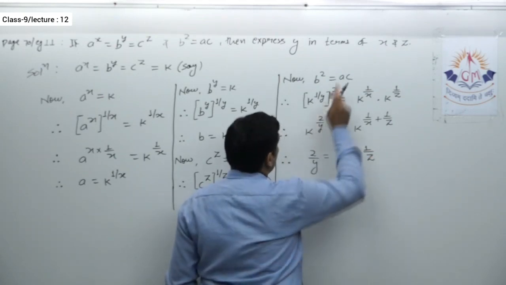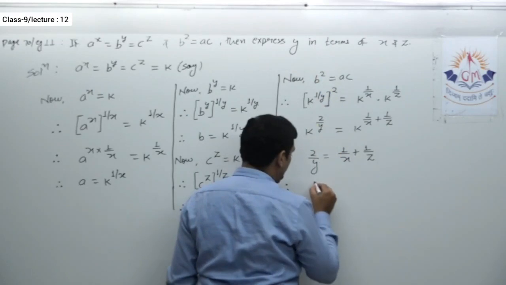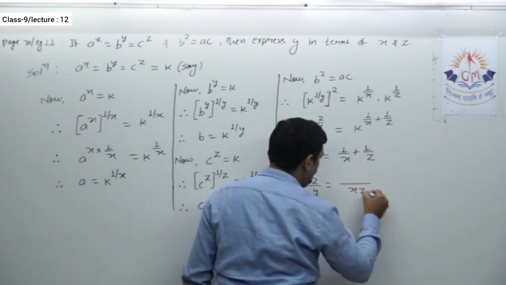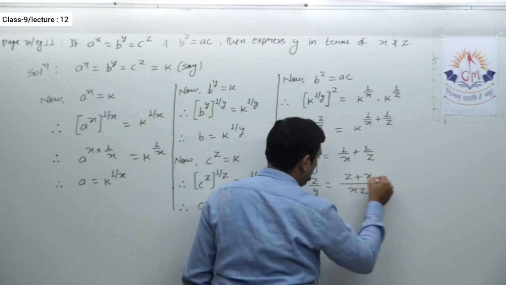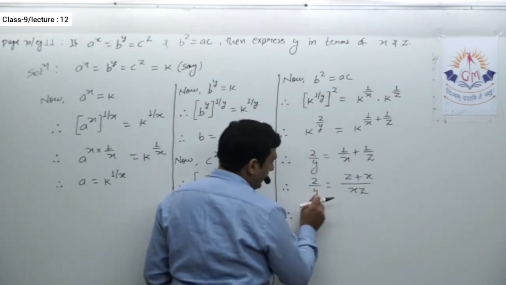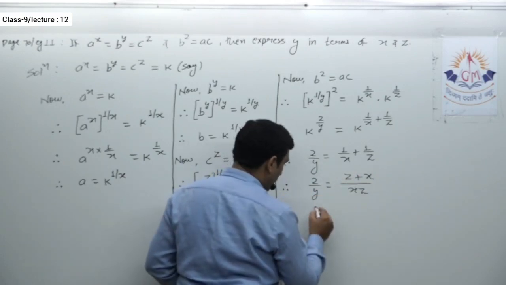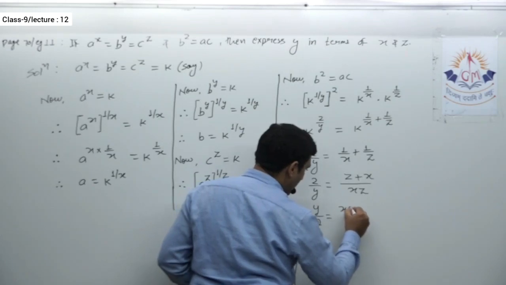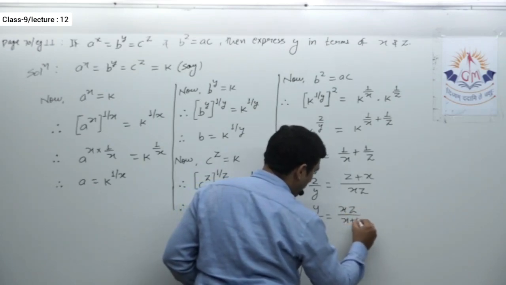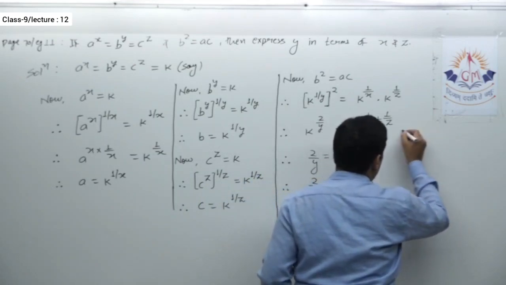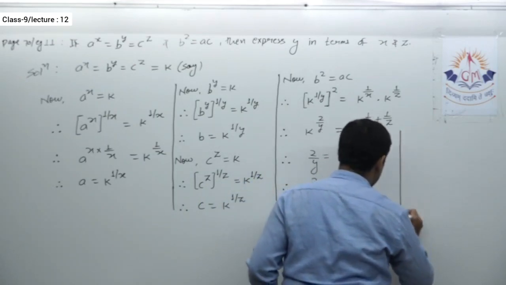Now what we need is the value of y. So here I have 2 upon y. Over here if I take LCM, I will get z plus x. Now to get the value, take y on that side. So here 2 upon y, so I write y upon 2 is equal to xz upon x plus z. Finally I get the value of y.